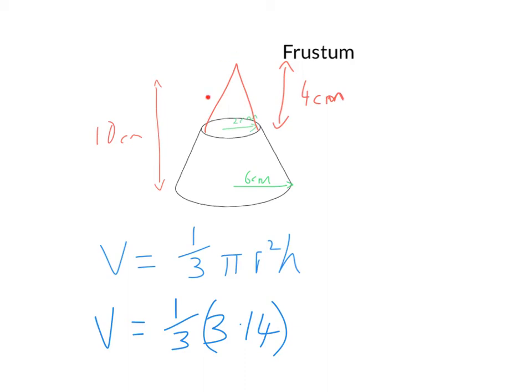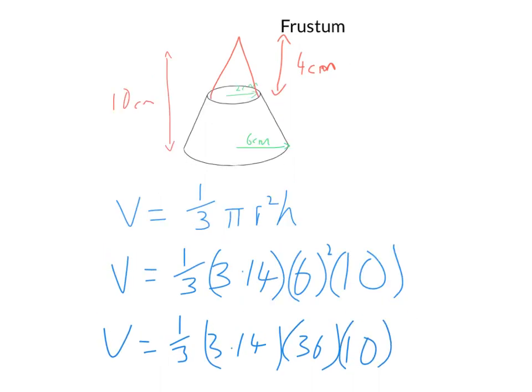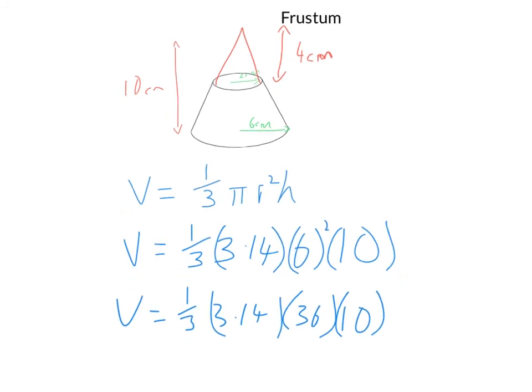The radius of the bigger section is a place where we get confused. So we have to remember for the bigger cone, the absolute radius is 6 centimeters, and the height of the bigger cone is 10 centimeters. BIDMAS tells us that we should do our indices first, so we'll square 6.